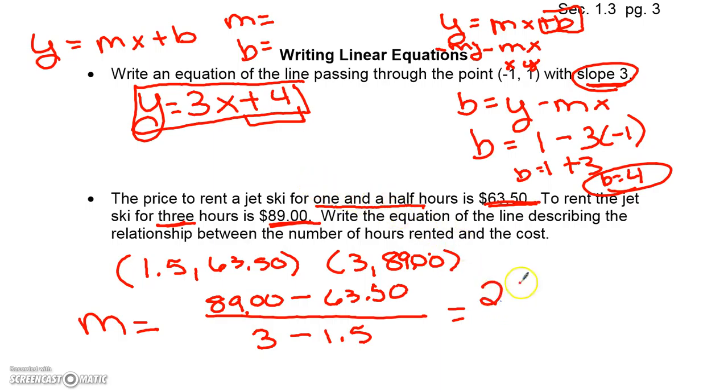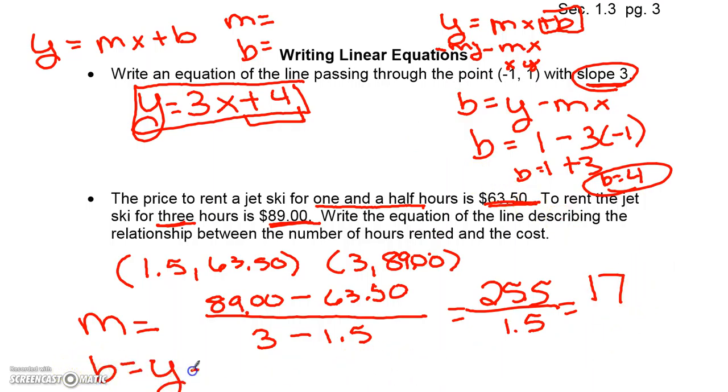So that's 25.5 over 1.5. And we can clean that up by dividing. We get 17. So the slope of this problem is 17, but we still have to find b.